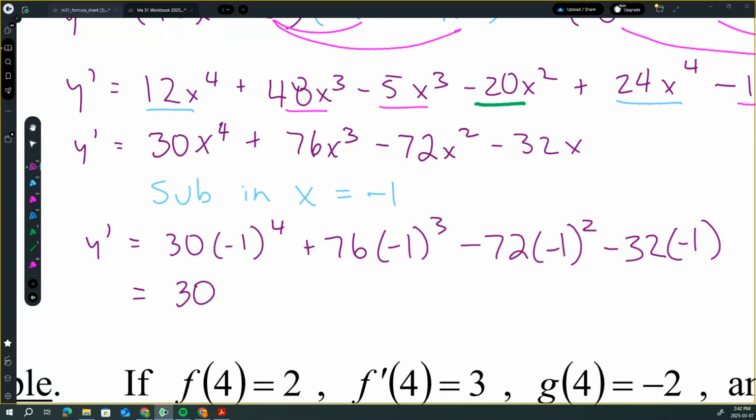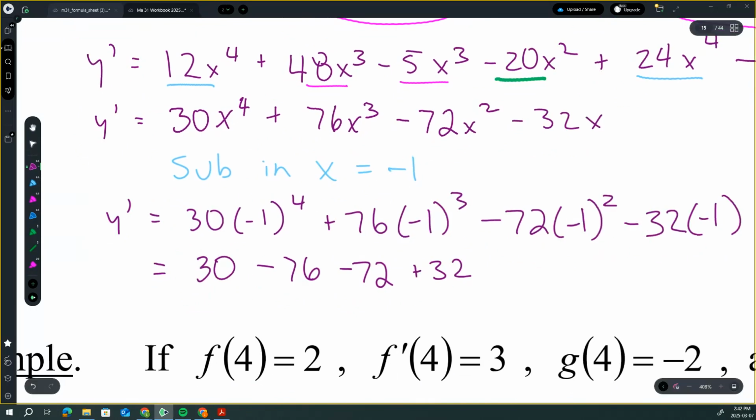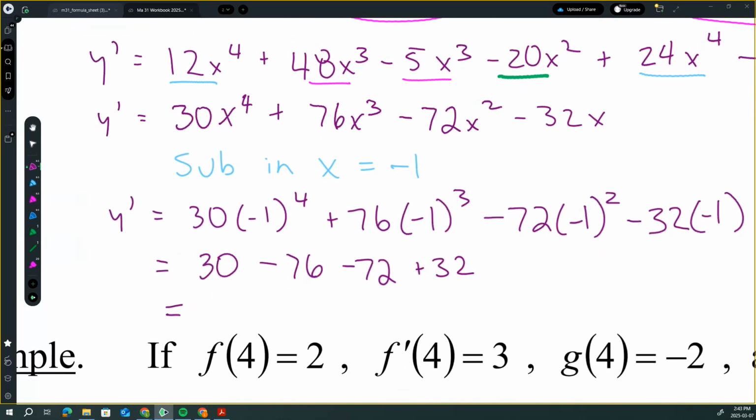Negative 1 to the power of 3 is negative 1, times 76 is negative 76. Negative 1 squared is positive 1, times negative 72 is negative 72. Negative 1 times negative 32 is positive 32. Putting that all together, 30 minus 76 minus 72 plus 32 gives us negative 86.